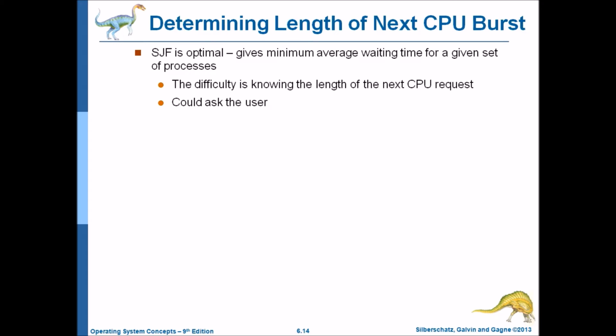How do you know how long the next CPU burst is going to be? So, the difficulty is knowing the length of the next CPU request. One could ask the user, but this is for long-term batch jobs. In short-term CPU scheduling, it does not work.